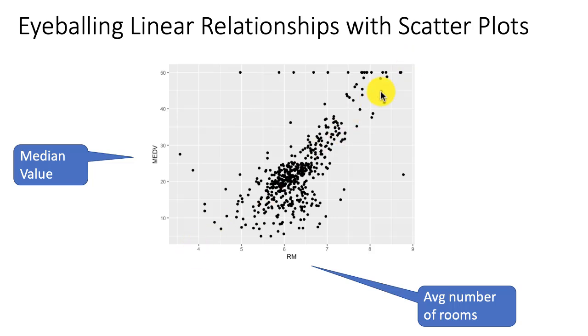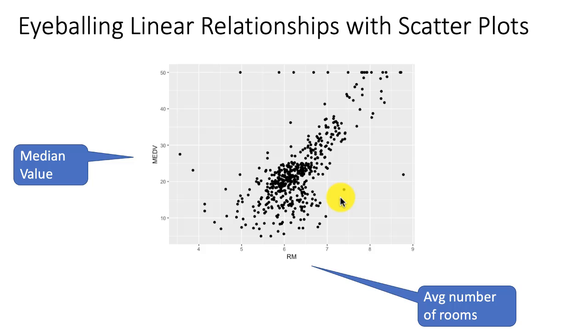Okay, first of all, you expect the median value of a house in a particular neighborhood to be higher as the number of rooms increases. That's exactly what you're seeing here. Okay, so there is clearly a well-defined trend, but it's not exact, right? So there are homes with more rooms which have lower prices. So for example, if you take this house here, it has fewer rooms than, let's say, this house.